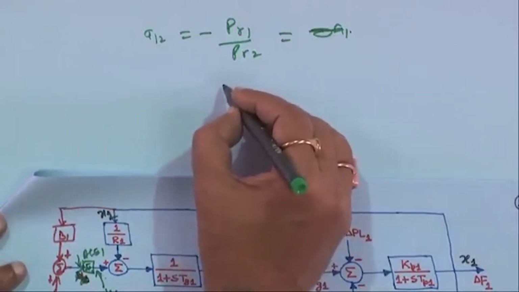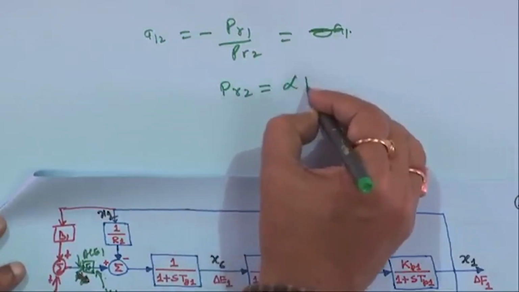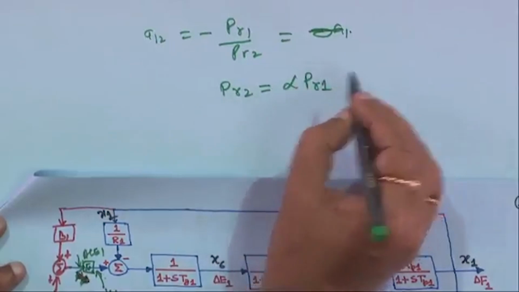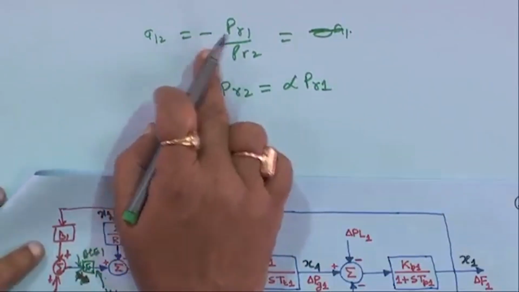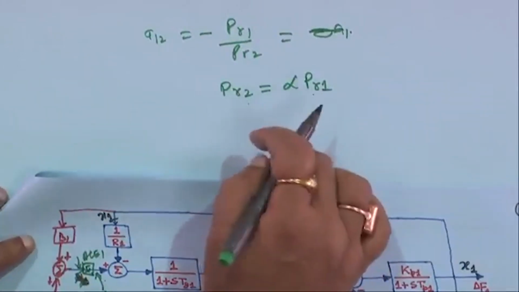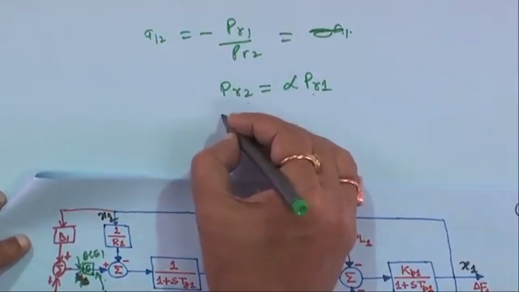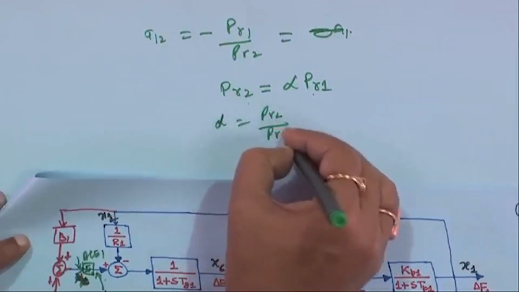Suppose PR2 is equal to alpha PR1. The minus sign is coming because of the direction of the tie line power flow; otherwise we call it the area capacity. So alpha will be PR2 by PR1.